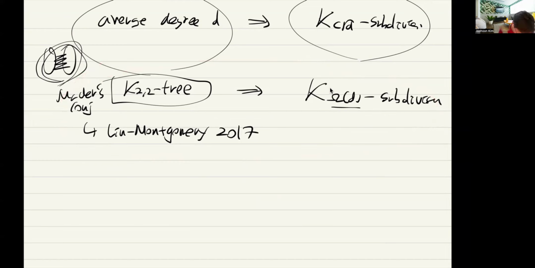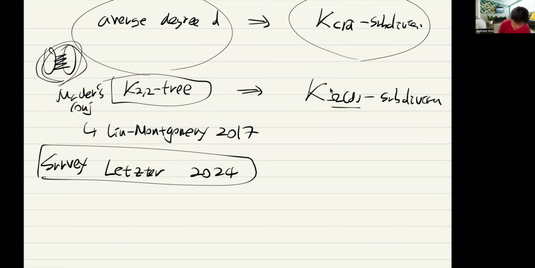And yeah, there is more research on what kinds of conditions give you better subdivisions. I will not talk about it that much, but there is an excellent survey by Letzter in 2024, a survey on sublinear expanders. There are lots of interesting results that are proved by using this sublinear expander theory.